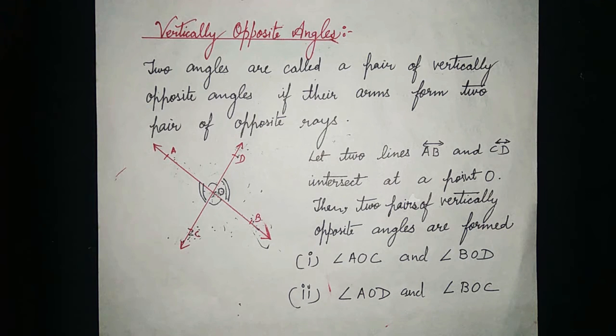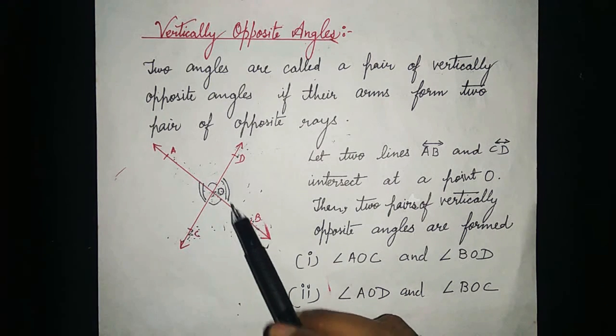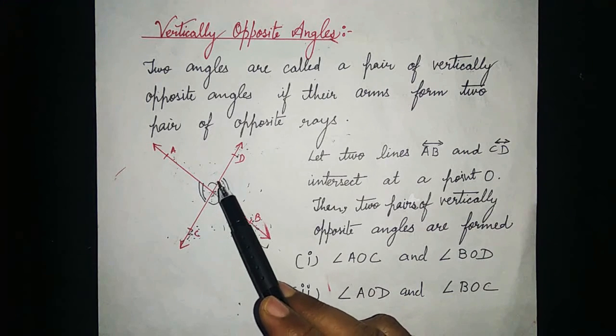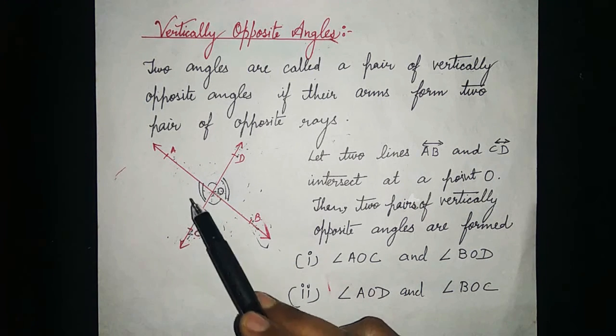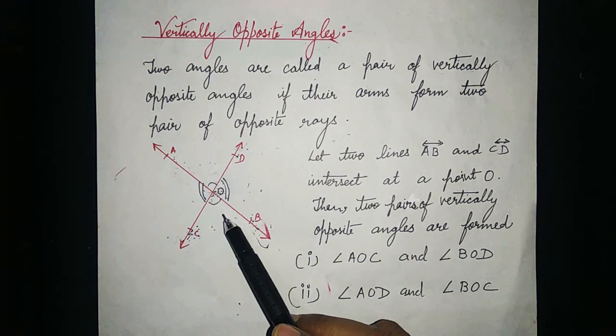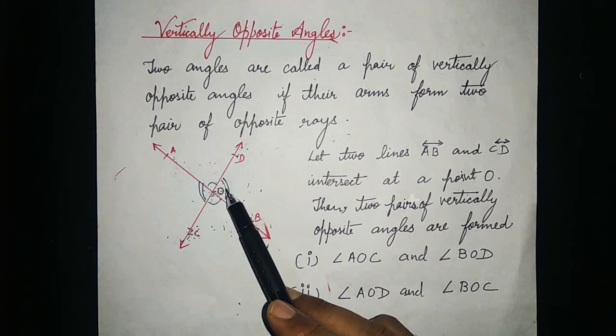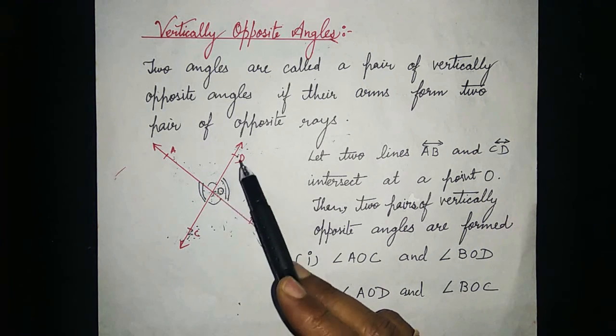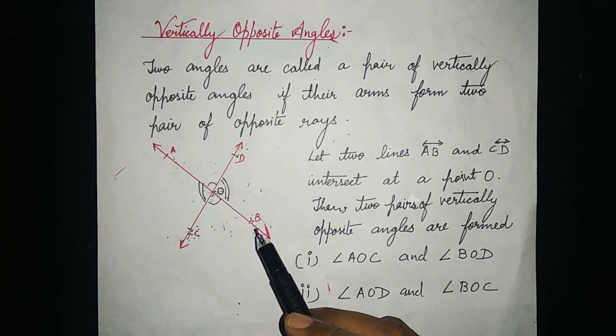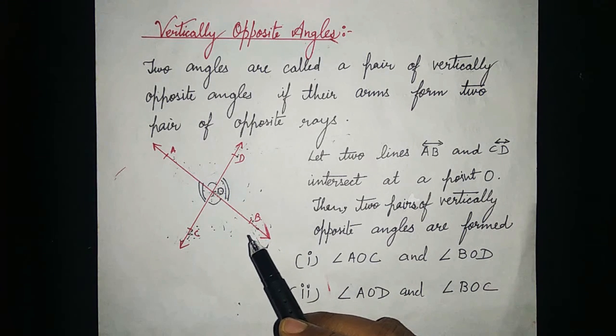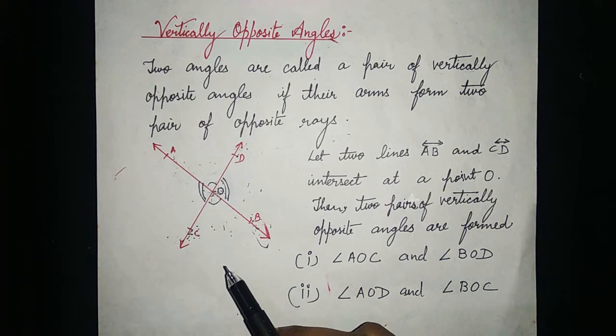Here you can see that in this figure, line AB and line CD are intersecting each other at the point O, and this point O is known as point of intersection. After intersecting, both the lines are forming pairs of vertically opposite angles. Here you can see two pairs of vertically opposite angles.